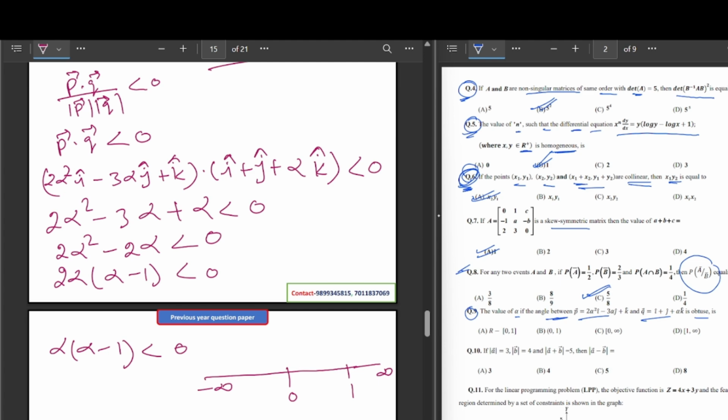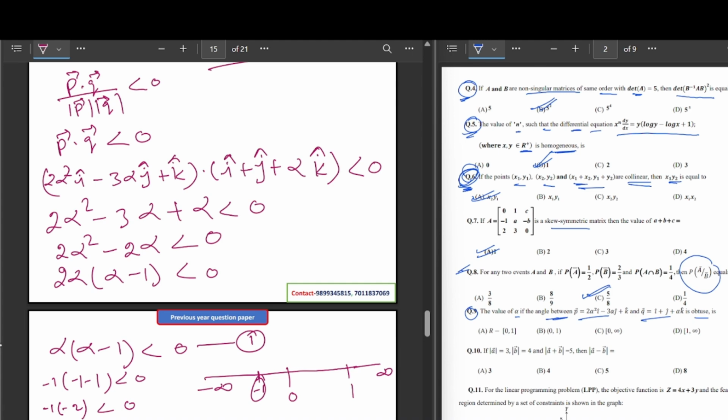So suppose this is relation 1. We take any random value from the interval 0 to minus infinity, suppose minus 1. So minus 1 into minus 1 minus 1 will become 2, which is not less than 0.